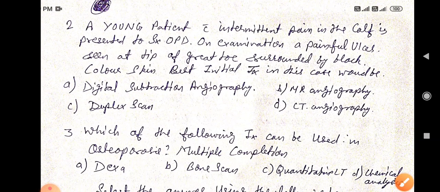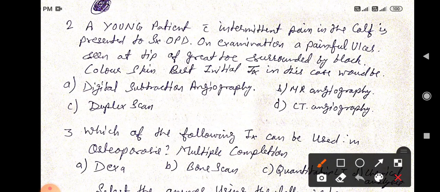Now, a young patient with intermittent pain in the calf presents to surgery OPD. On examination, a painful ulcer is seen at the tip of the great toe, surrounded by black colored skin. What is the best initial investigation?